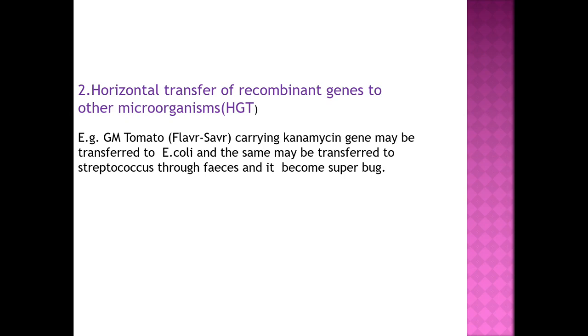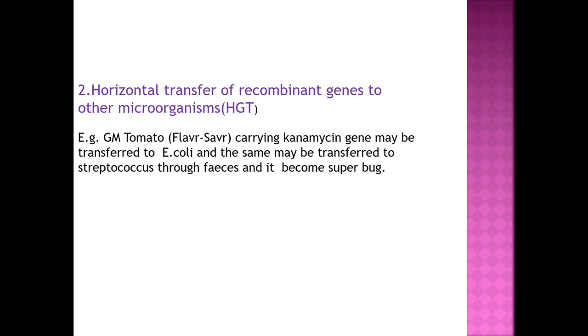Whenever we use these plants in the field, sometimes what happens, the microorganisms, say for example viruses or bacteria, have the ability to receive these genes. Especially in nature, we know that transformation is a very common phenomenon. Transformation is one of the modes of reproduction which we see in bacteria, where transfer or absorption of naked DNA from the surrounding environment occurs.